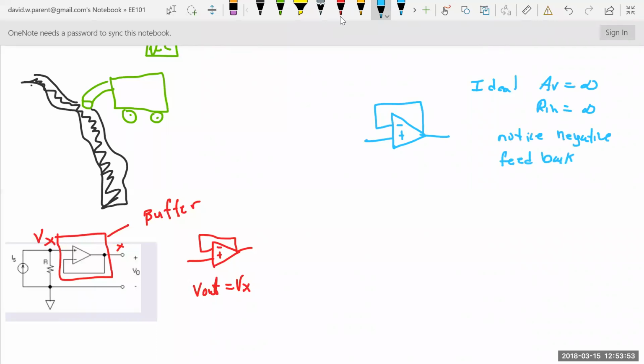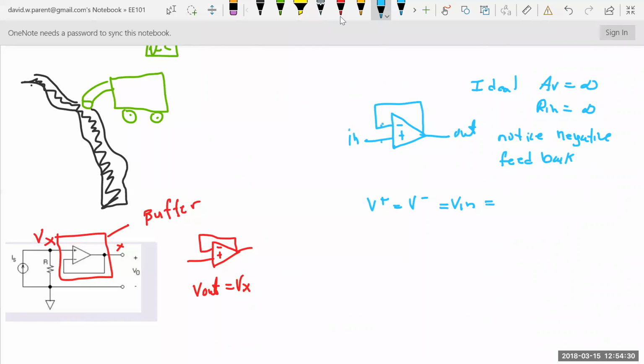So one thing is V plus equals V minus. So V plus right here equals Vn. And because of the negative feedback and the open loop gain and there's no voltage drop, these two things are equal to each other.